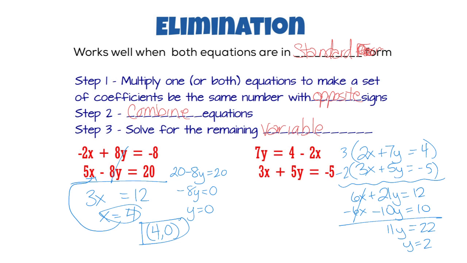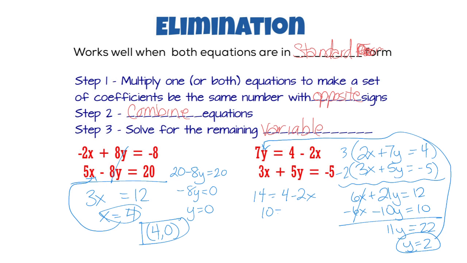Then I'm going to plug that back in somewhere. I can plug it into the top equation or the bottom. I'm going to grab it, and I'm going to go the long way around here. I'm going to put it right there. So then I'm going to have a 7 times 2, so that's 14 equals 4 minus 2x.